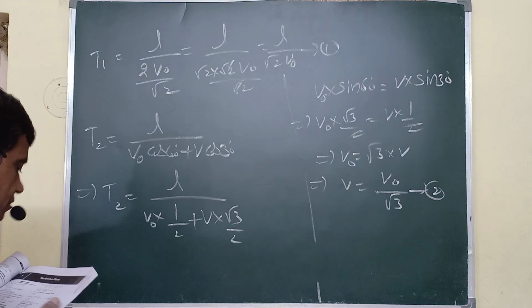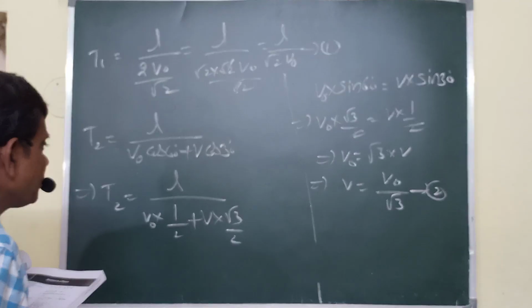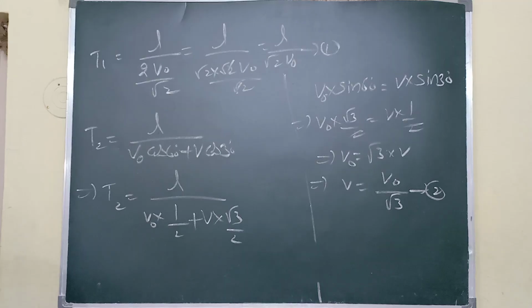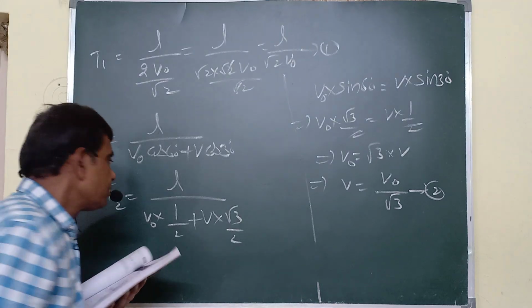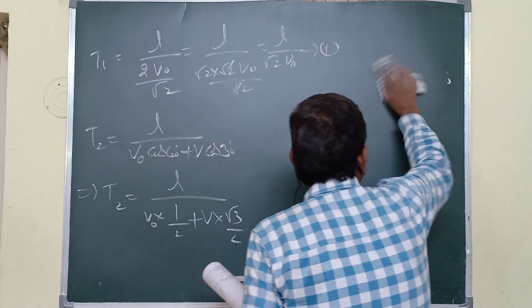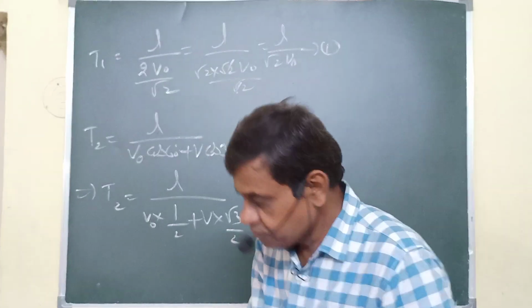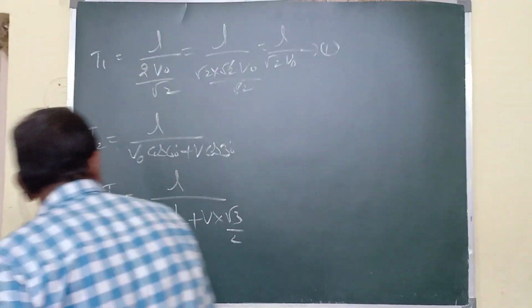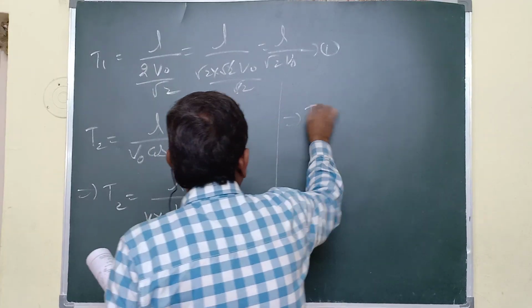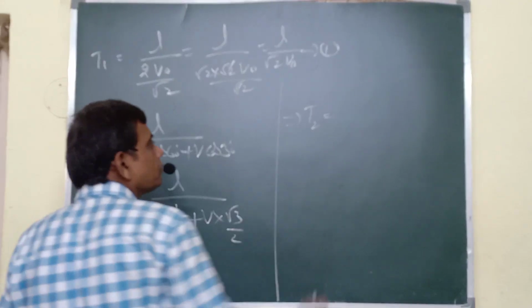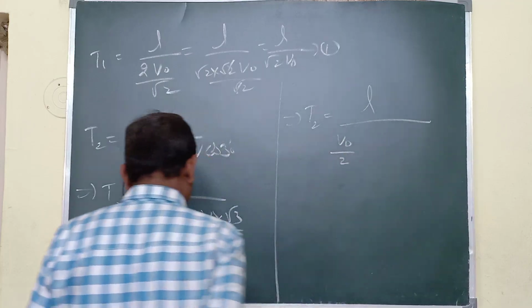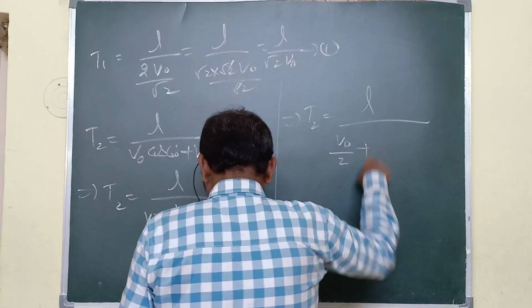Again you substitute the value. What is the value of V? V naught root 3. Now T2 implies T2 equals L by V naught by 2 plus V value.